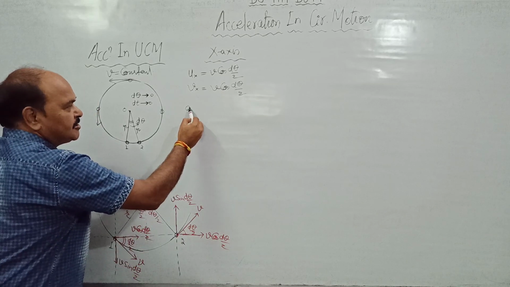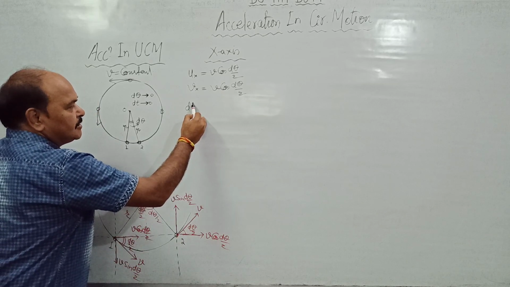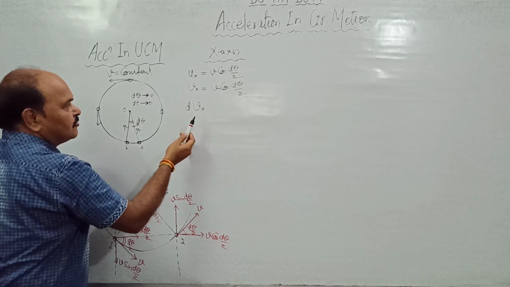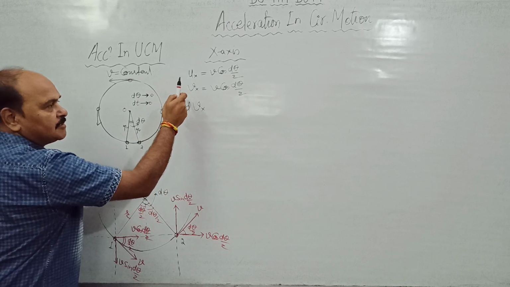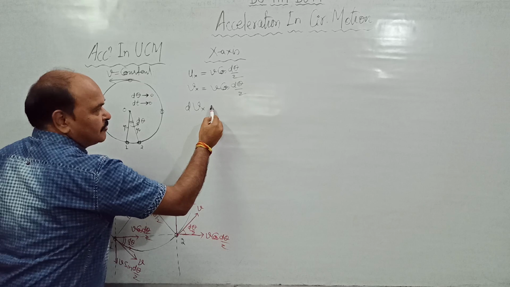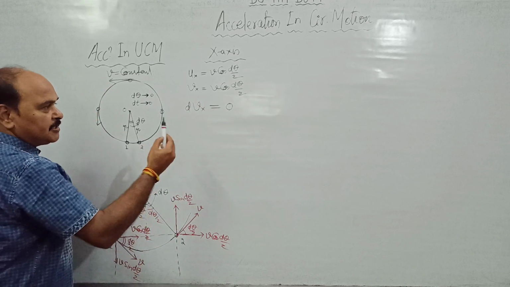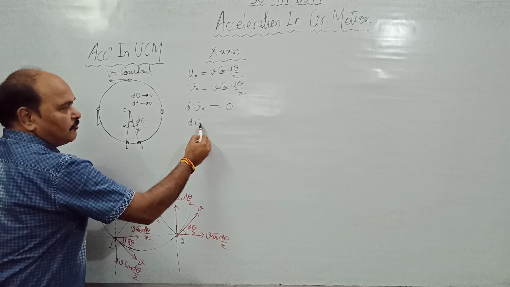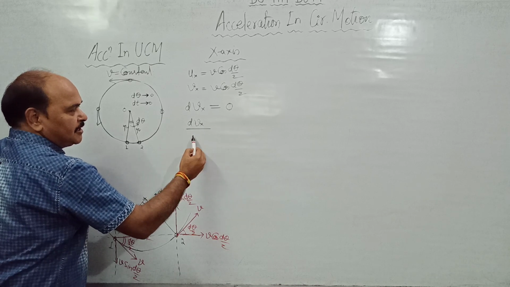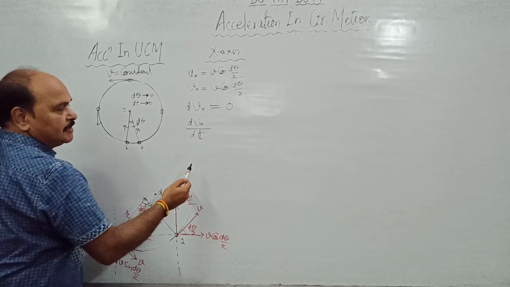That simply means, what is change of velocity along x-axis? Change of velocity along x-axis is going to be this minus this. Since both the velocity vectors are same, therefore this change is going to be 0. And this change of velocity takes place in time dt.